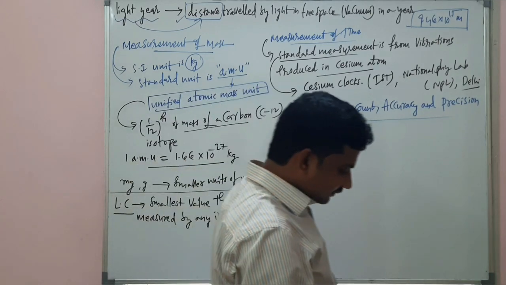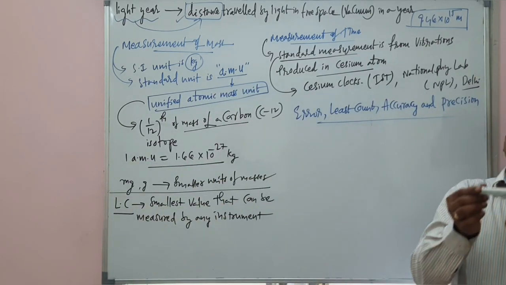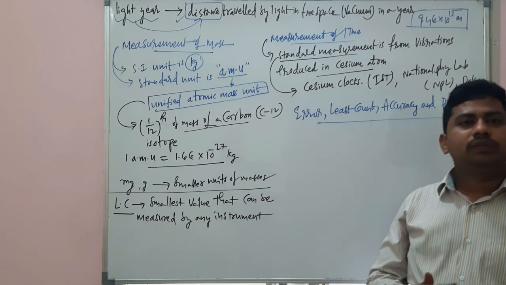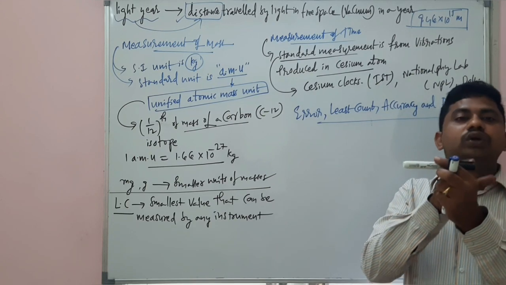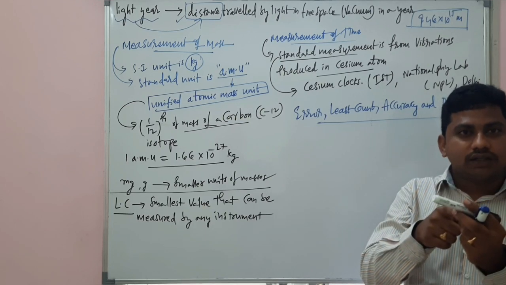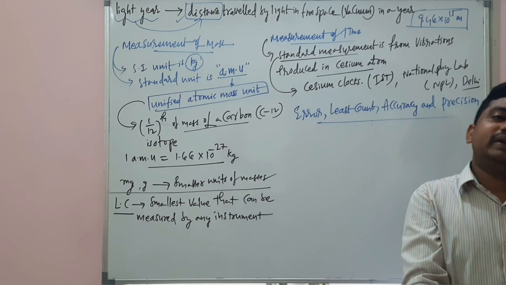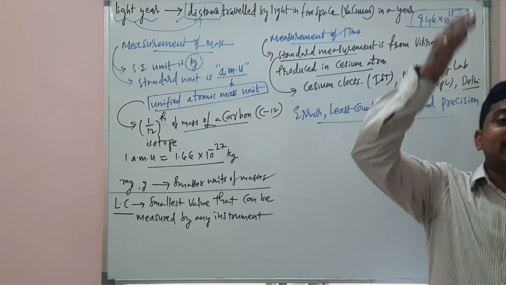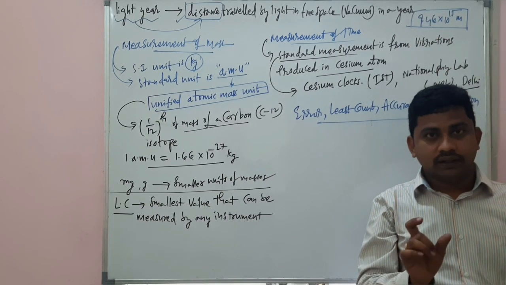For example, let's take your small meter scale, just 15 centimeters or 30 centimeters. How will you start its measurement? 0, 0.1, 0.2, 0.3, up to 1. Understand what that is? 0.1 centimeter, 0.2 centimeter, 0.3, 0.5, 0.9 and 1 centimeter.